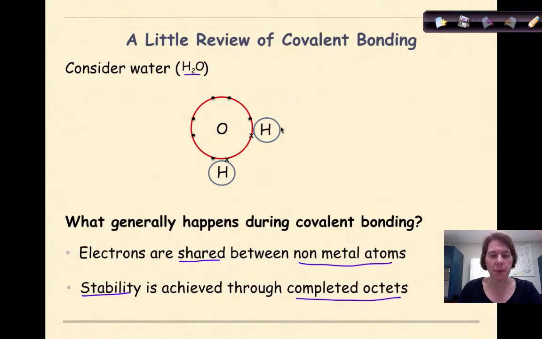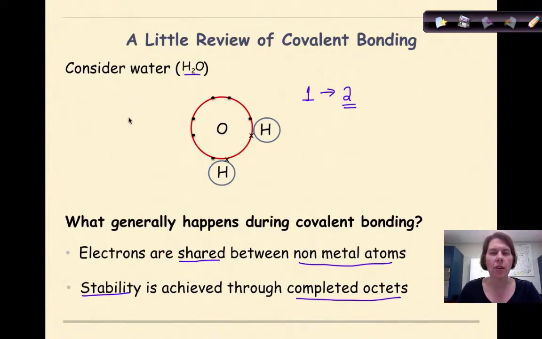Now remember, the electron configuration for hydrogen as an atom by itself is just 1. When it shares its valence electron with the oxygen, it now has an electron configuration of 2. And this is the more stable form of hydrogen. Oxygen, we look at the same thing.